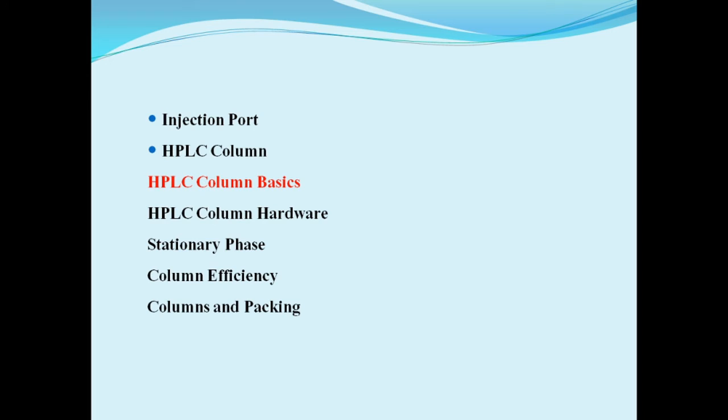Next part of HPLC instrumentation is the injection port. A sample introduction device such as an injector is used to introduce the sample in a flow of mobile phase at high pressure.